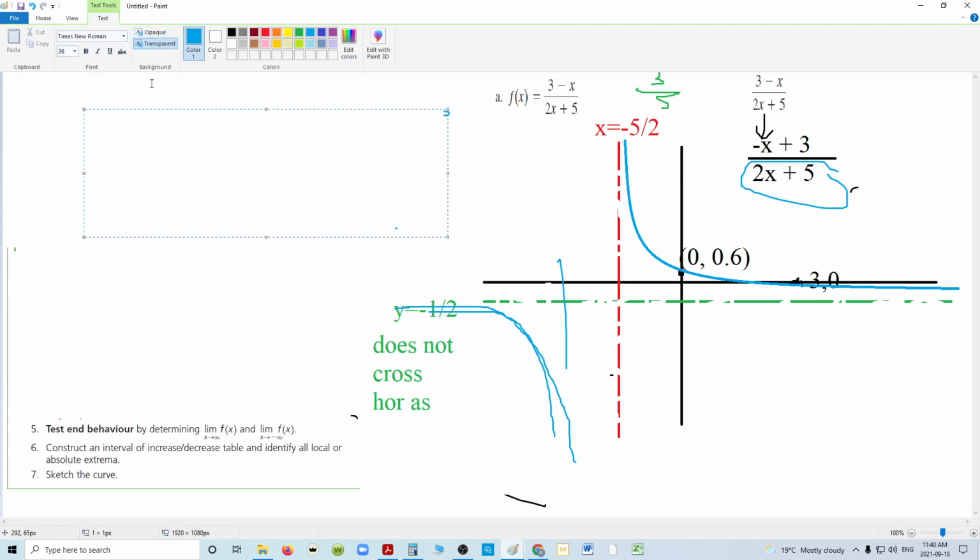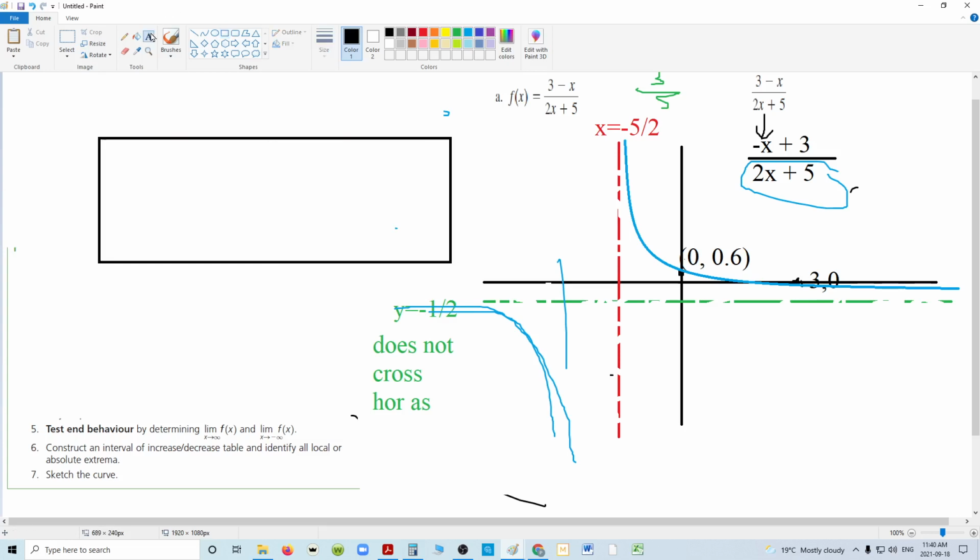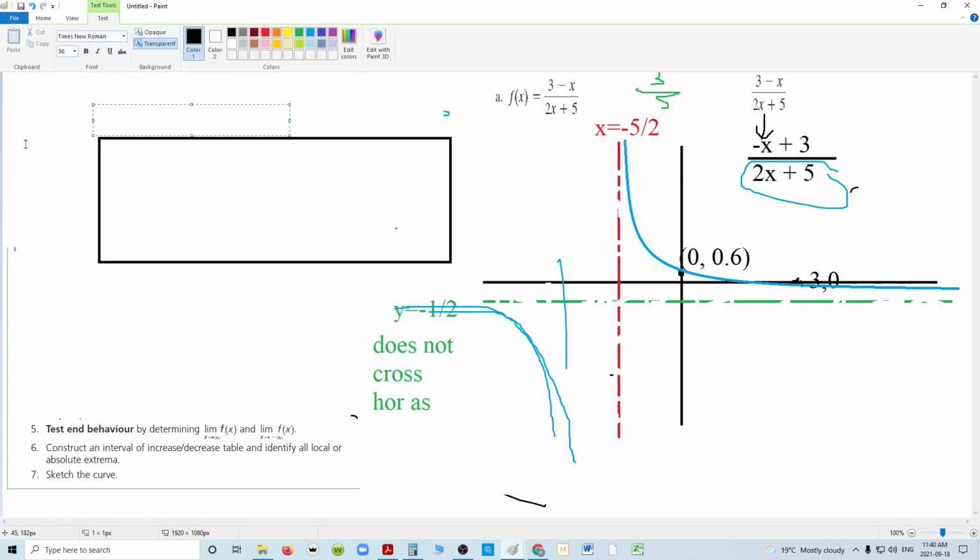And in this table, I'm going to go back to black. We're going to say negative infinity. We'll just put infinity. And then we're going to put minus 5 over 2 here, that asymptote.